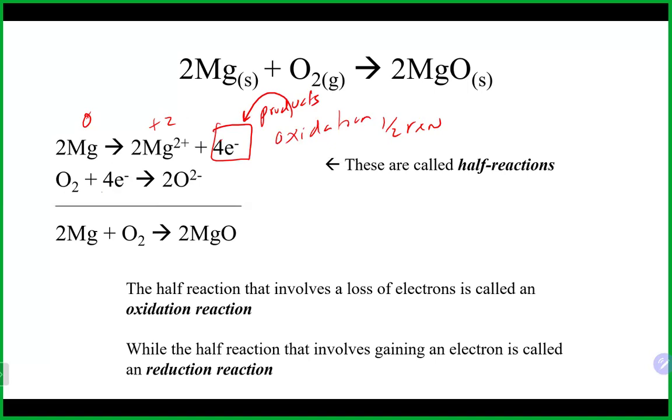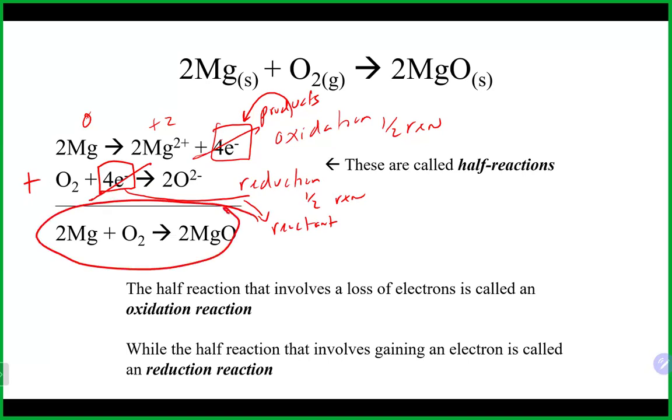This is our reduction half reaction here. And what we see is in our reduction half reaction, our electrons are on our reactant side, like they are being gained. They are called half reactions because, frankly, if you add both of those reactions together, the electrons will cancel and you'll get the overall reaction that's happening.